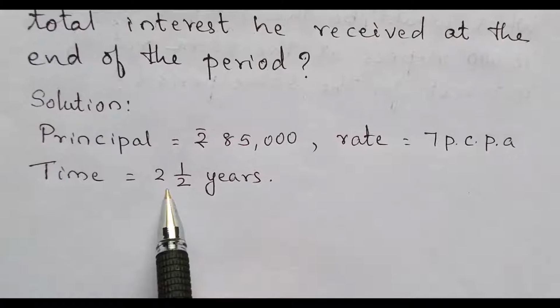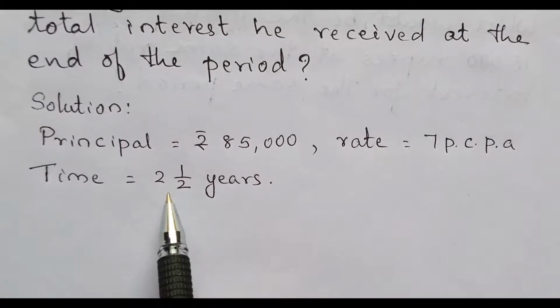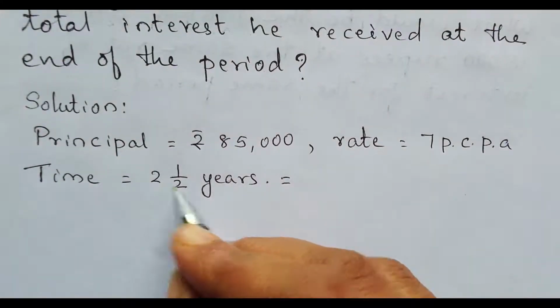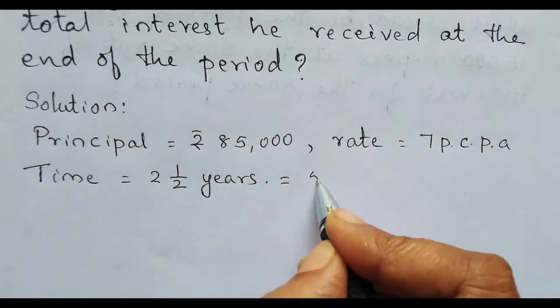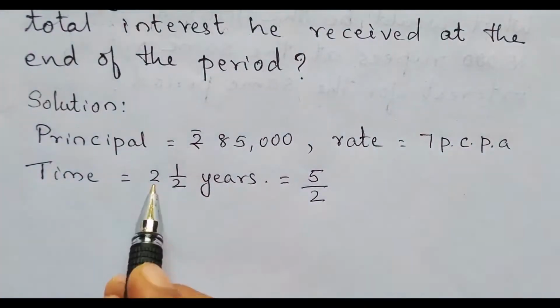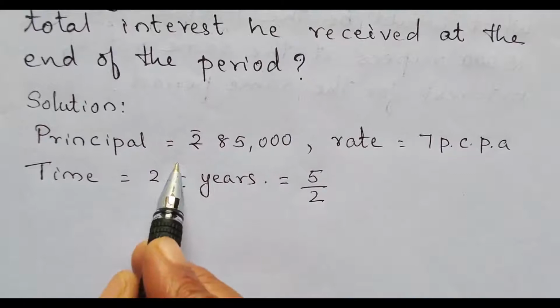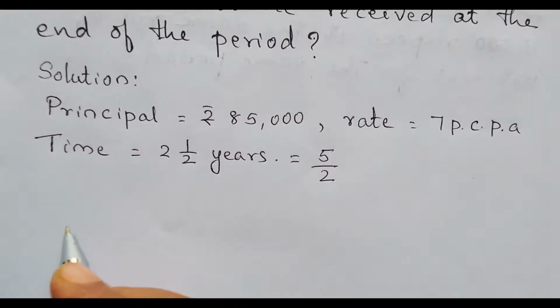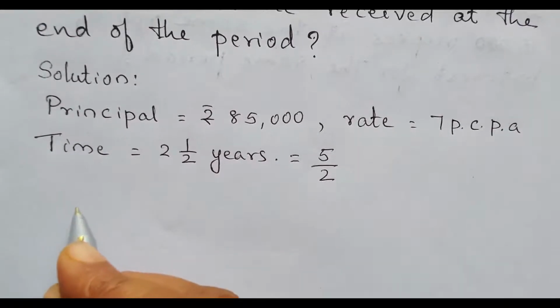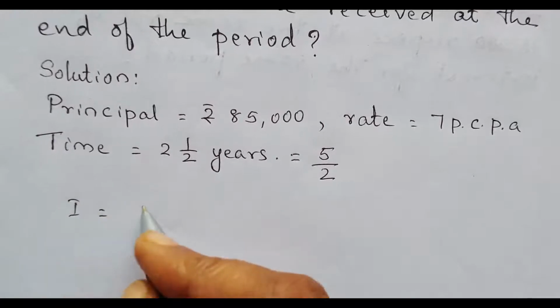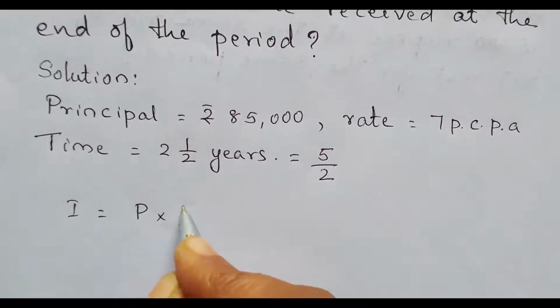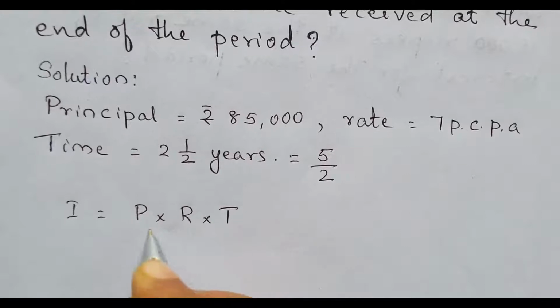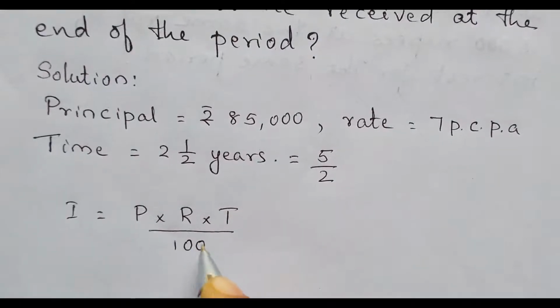Now this is a mixed number. We can convert it into a fraction. So 2.5 is equal to 5 by 2, that is 2 multiplied by 2 plus 1 over 2. We have to calculate the total interest. So I is equal to PRT upon 100.